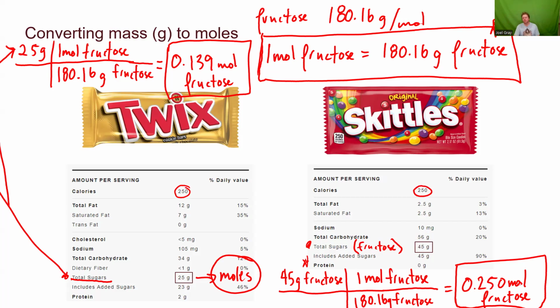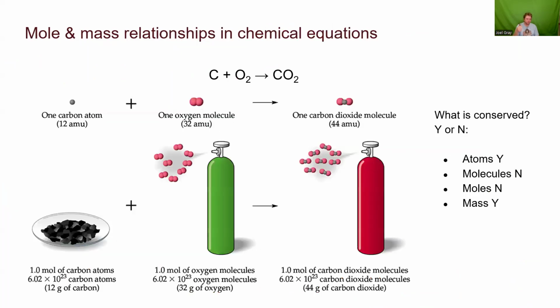But the Skittles have so much more sugar. Well, the big difference is that Twix also have fat, and comparatively, Skittles don't have very much fat. But anywho, this is all important. Making these conversions is essential so that you can do any sort of chemical reaction.